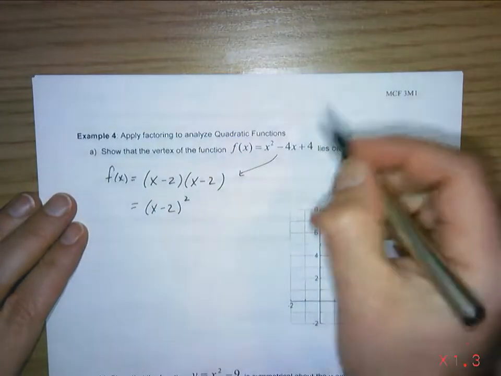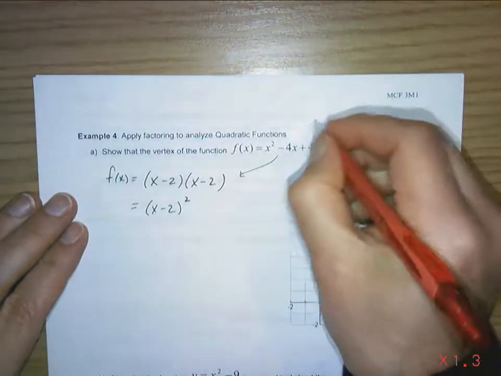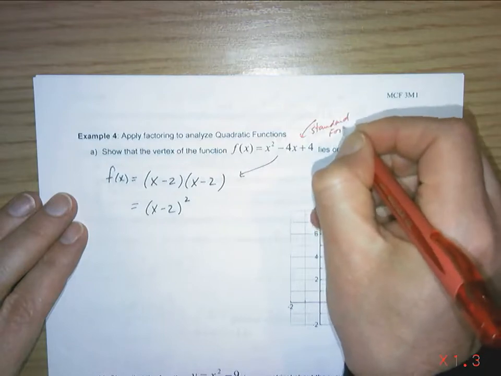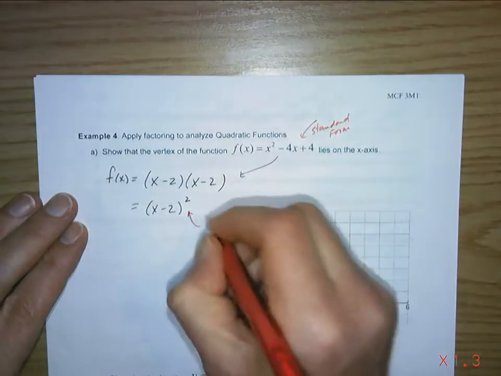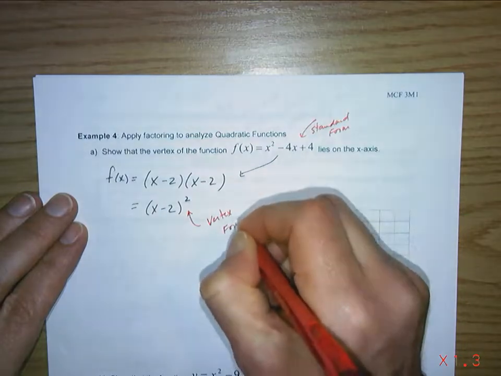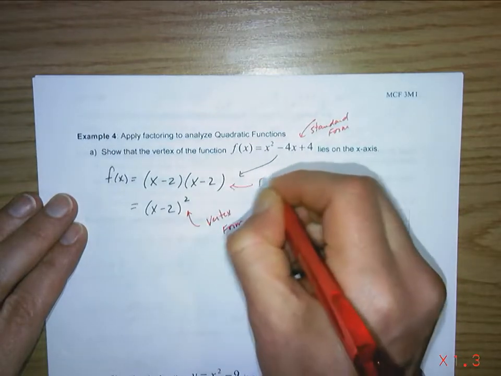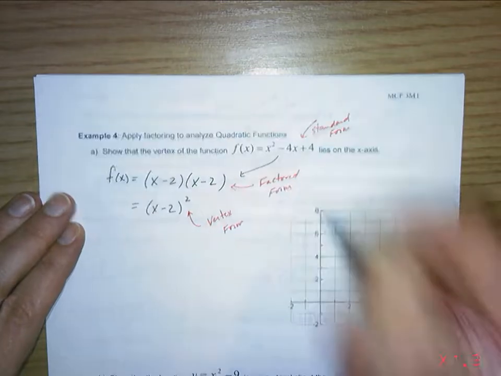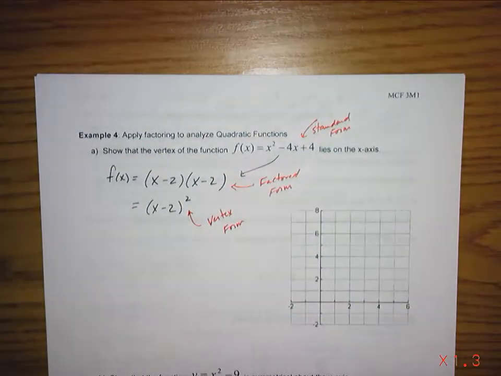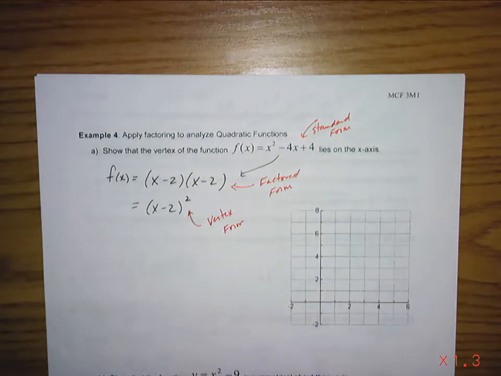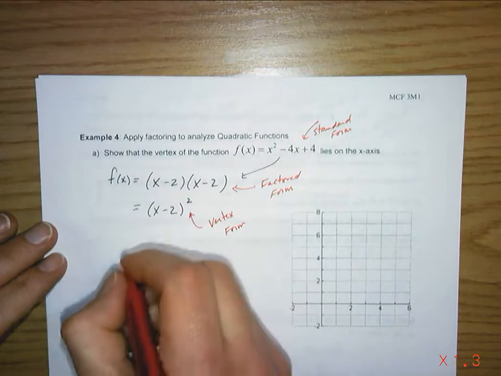Now, notice that this was in standard form. And this I've now put in vertex form. And in between, we had factored form. So that's kind of cool. I went from standard form to factored form to vertex form. Now, what can I tell from vertex form? Well, this vertex form looks like this usually, right?